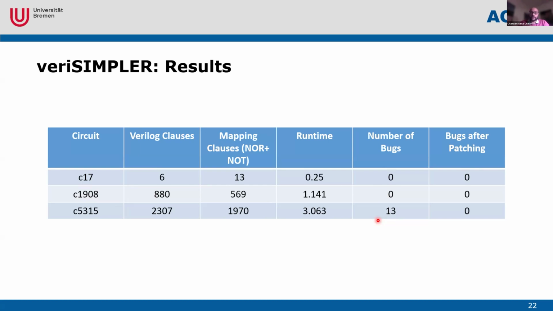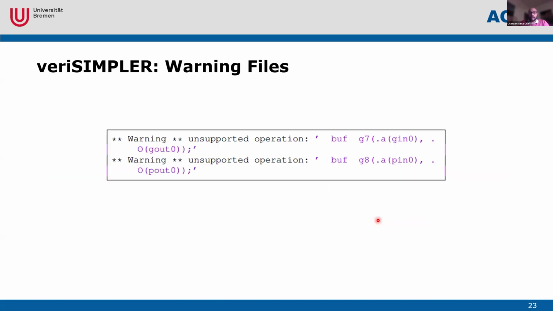The reason for this non-equivalence was that, when we looked at the log file, SIMPLER gives an unsupported operation called buff. Whenever you have one input connected to your output, the SIMPLER tool only takes into consideration the NOT and the NOR gates, but it does not take into consideration an input connected directly to the output.